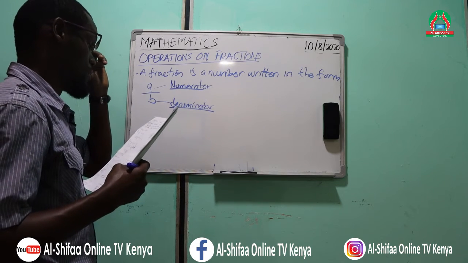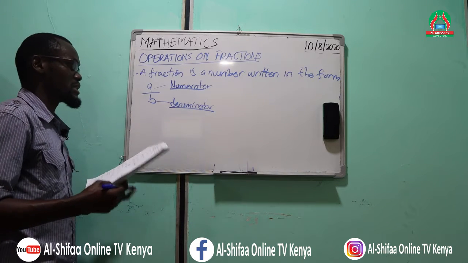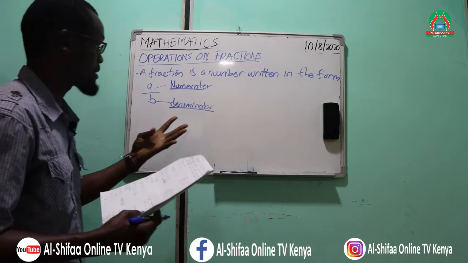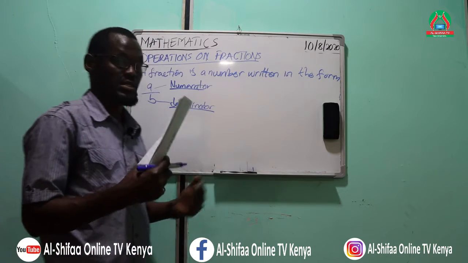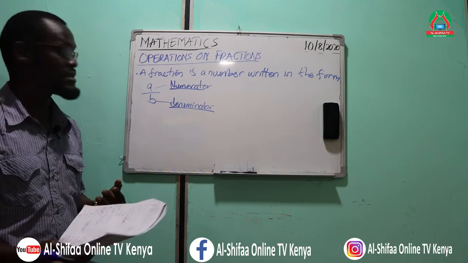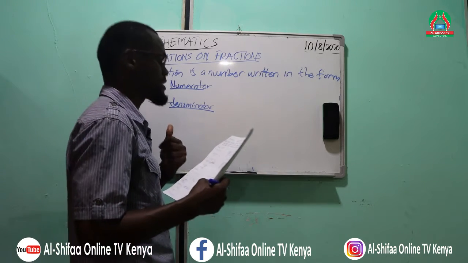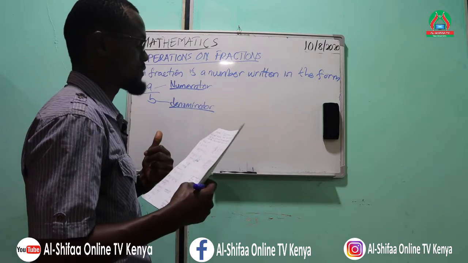We know that for operations of fractions, as for whole numbers, we have the four operations: addition, subtraction, multiplication and division. In the first place we'll be looking into addition and subtraction of fractions.